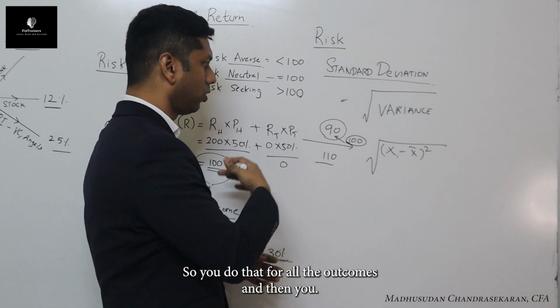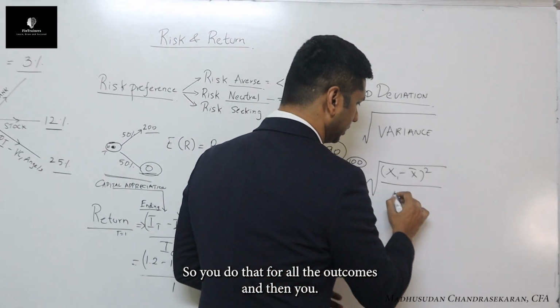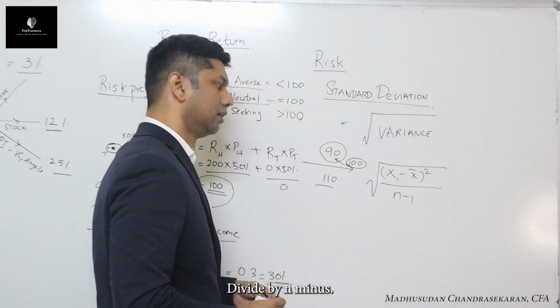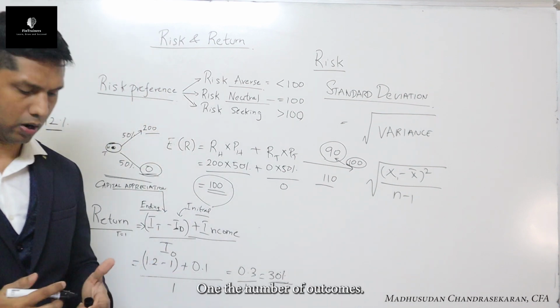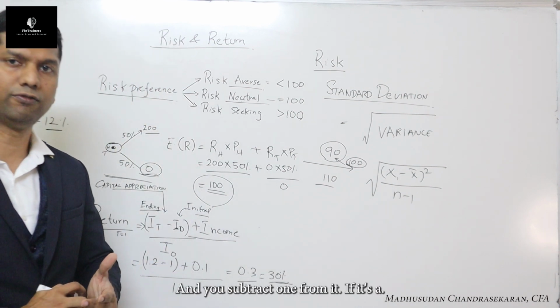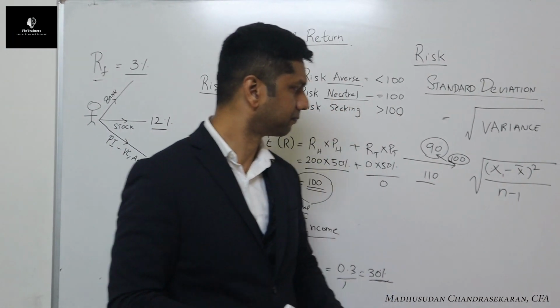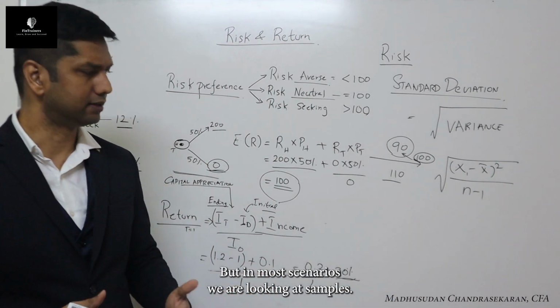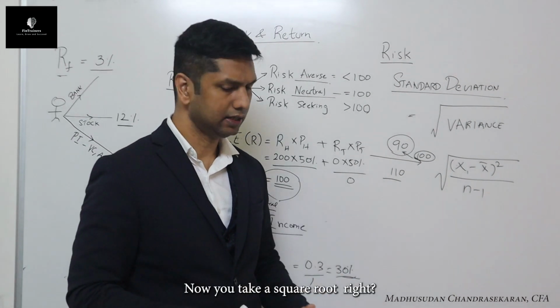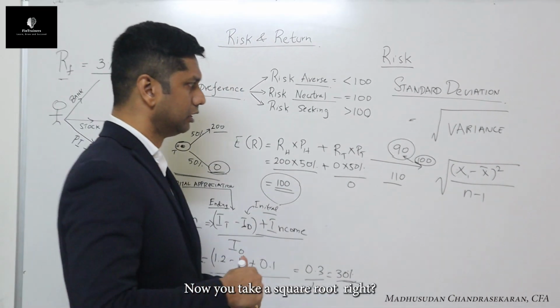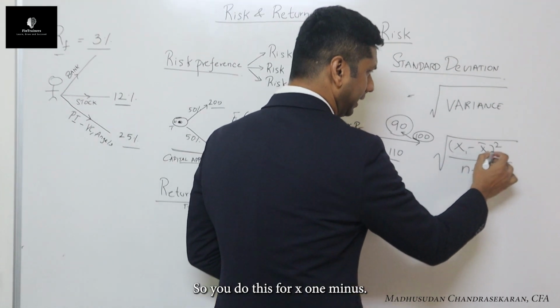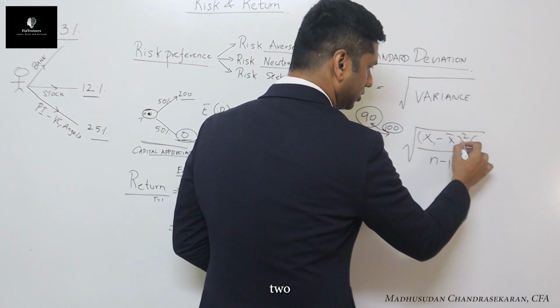So you do that for all the outcomes, then you divide by n minus 1, where n is the number of outcomes, if it's a sample. If it's the entire population, you don't have to do that. But in most scenarios, we are looking at samples. Then you take a square root, right? So you do this for x1 minus the mean, and in this case it is only 2 outcomes.